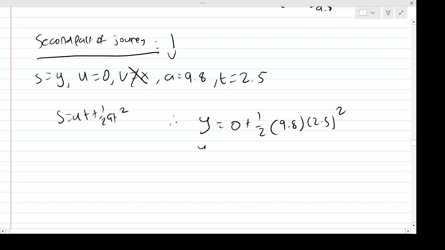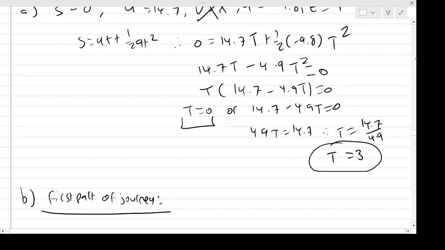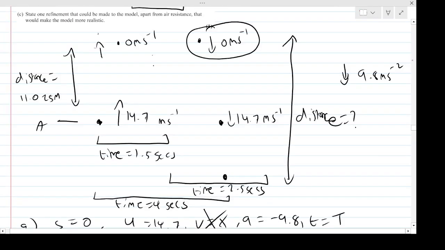So very simply, the second distance, if we work that out, that is 30.625 meters. So the whole distance of the second part when it falls down is 30.625 meters.